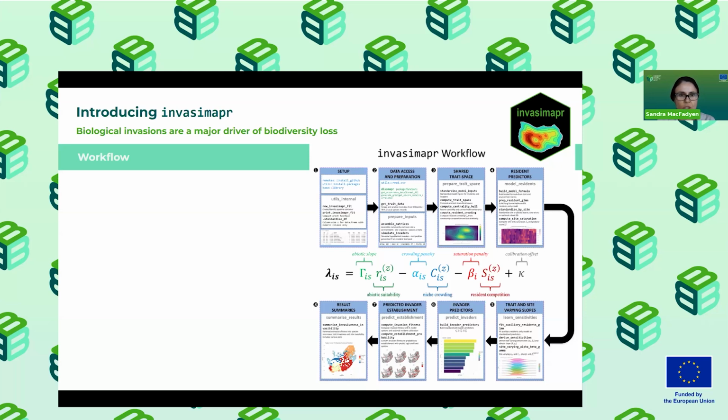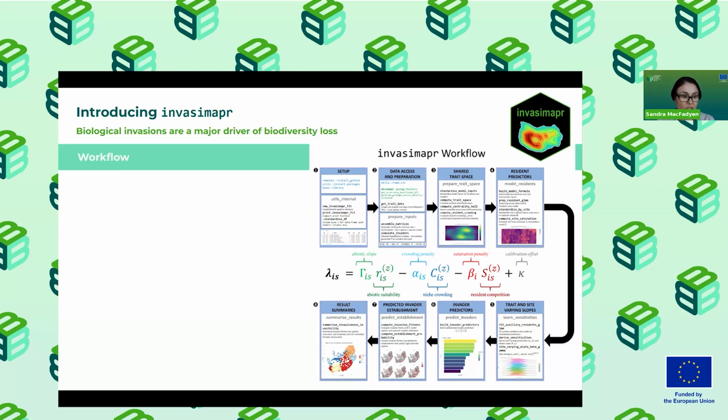And then we start to do some of the modeling. As I said to you, the model is based on the residents. So we're using the resident traits to see how well they're doing, and the quantities in which they are resident in that area, to help predict what our aliens are going to do. From there, we can start making predictions about whether an invasive or invader is going to establish.